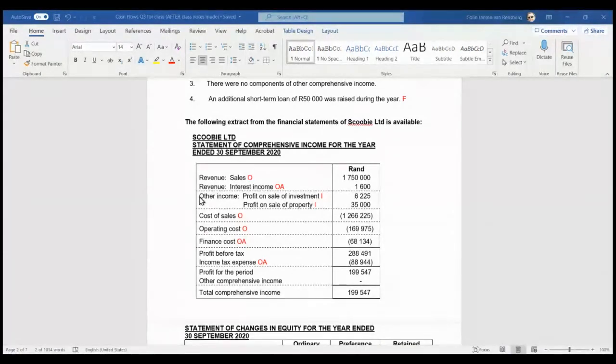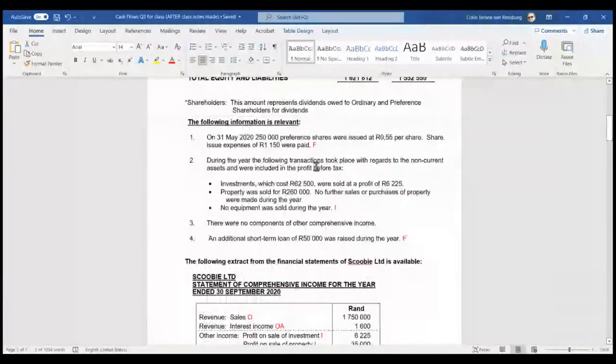So if there's no dividend income, it is not impossible that there could have been dividends received. But how will we determine that? Even though there's no dividend income, we again have to go and scrutinize our statement of financial position.